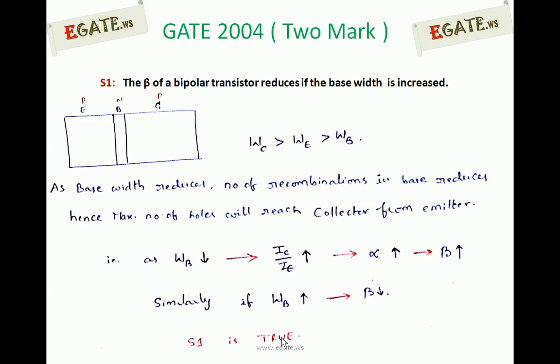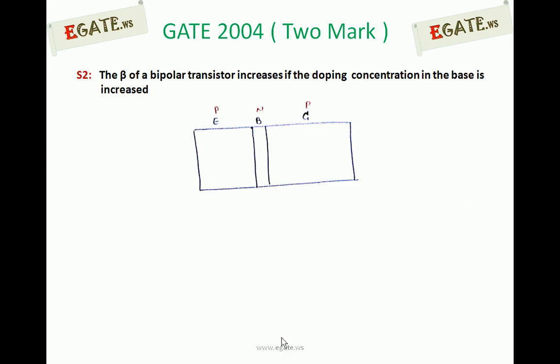Now we will consider Statement 2. The beta of a bipolar transistor increases if the doping concentration in the base is increased. With respect to doping, the emitter is heavily doped, the collector is moderately doped and the base is lightly doped.